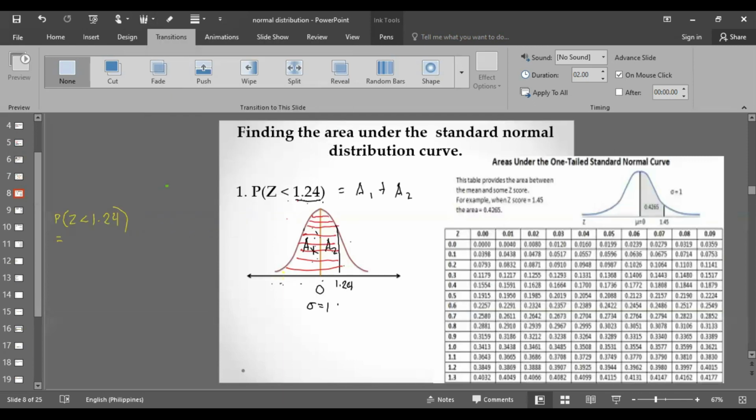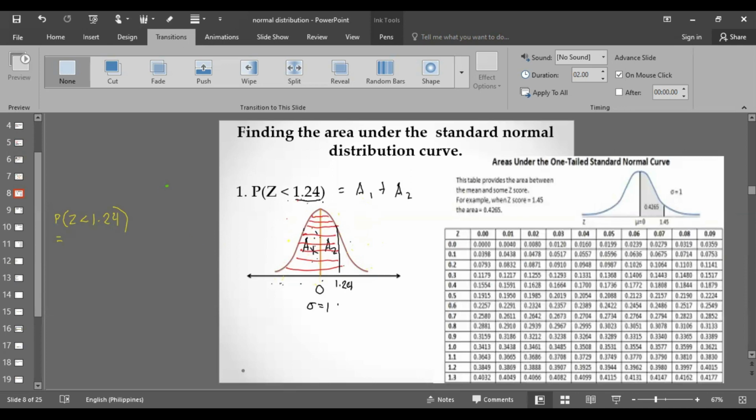Remember that one of the properties of a standard normal distribution says that the entire area under this curve is 1 or 100%. Also, it's symmetrical. Therefore, if the entire area under this normal curve is 1, the area of its half is 0.5.